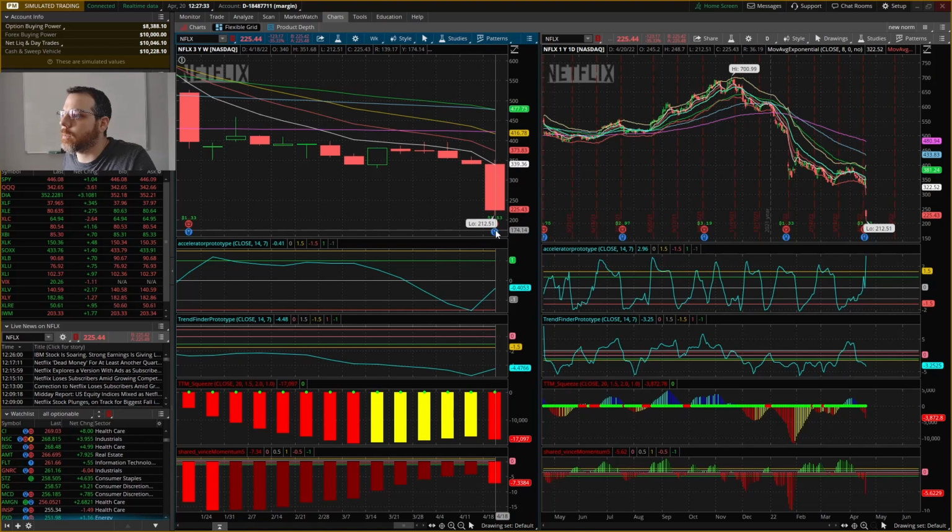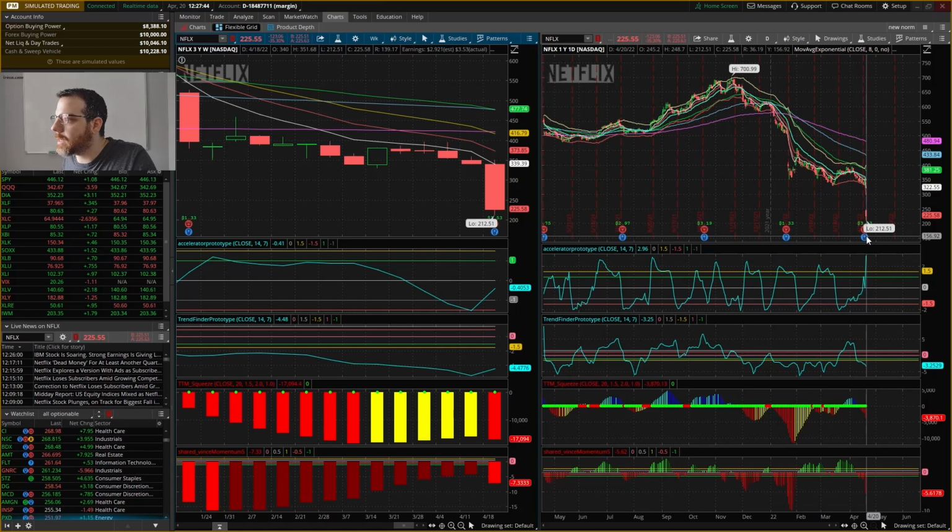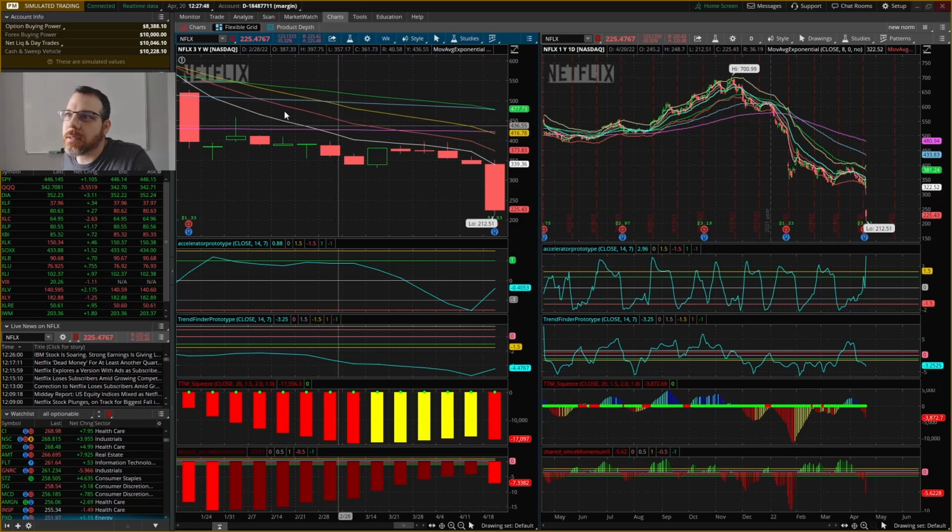From their earnings report. Was that yesterday? Right. Look at this. So earnings were estimated at $2.92. Actual. So they beat earnings estimates and they lost $100 a share. It's nuts. There's probably something big in their news or future direction that investors didn't like.